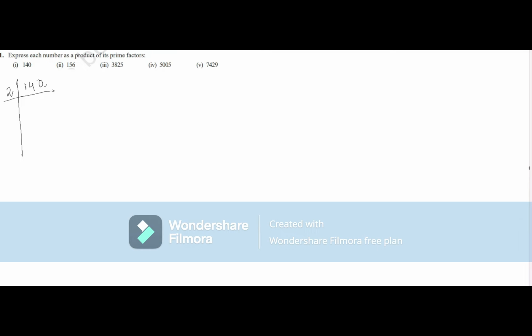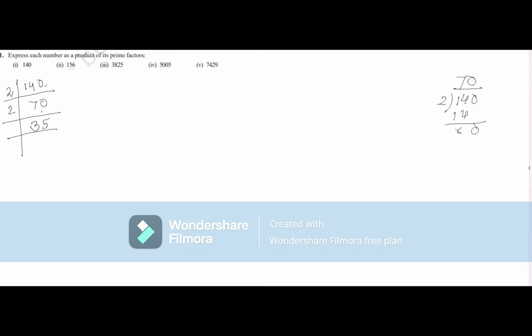If I divide 140 by 2, 7 2s are 14 and 0 goes here. So it will be 70. Again 0 at the end, so it is again divisible by 2. Hence I'll get 35, 3 2s are 6, remainder 1, 10, 5 2s are 10. Now it is no more divisible by 2.